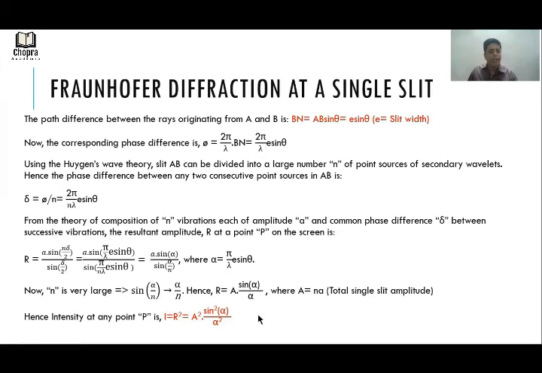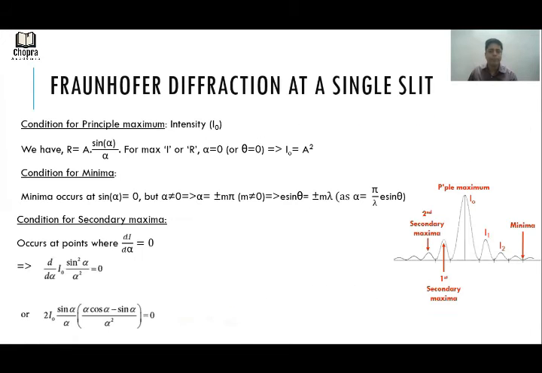Hence the intensity at any point is I equal to R square equal to A square sine square alpha by alpha square. So this is the total intensity at point P. But is it all? No, we have to find the different intensities. What I am talking about here is this typical single slit diffraction intensity pattern.